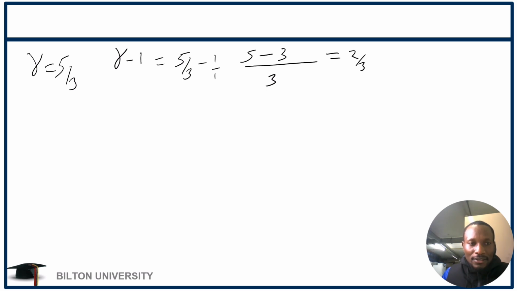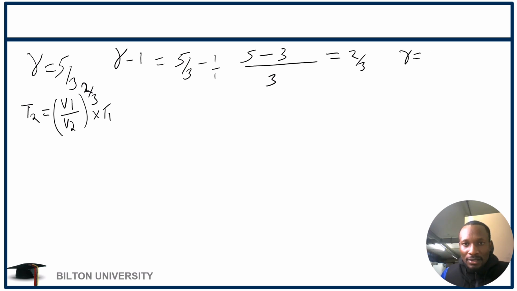So if we are to find the final temperature, T2 is equal to the ratio of V1 over V2 raised to the power 2 over 3 times T1. I'm repeating, this 2 over 3 is gamma minus 1 for monoatomic gas.